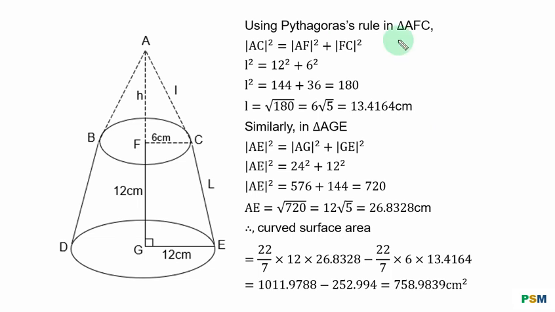To proceed, we need the slant heights of the smaller and bigger cones. Using Pythagoras rule in triangle AFC, AC square is equal to AF square plus FC square.